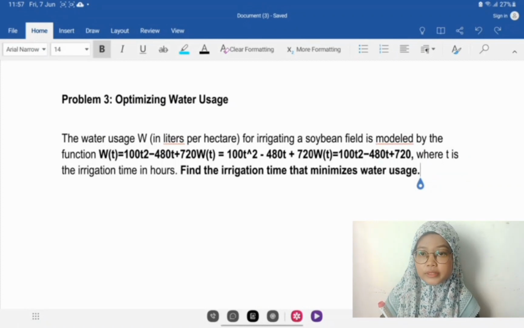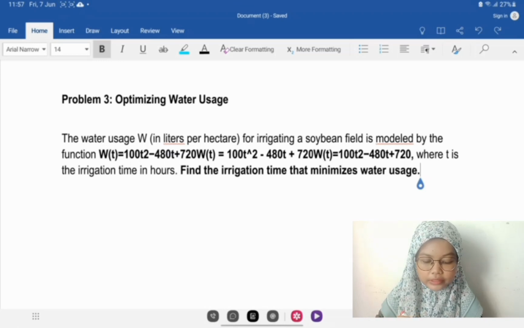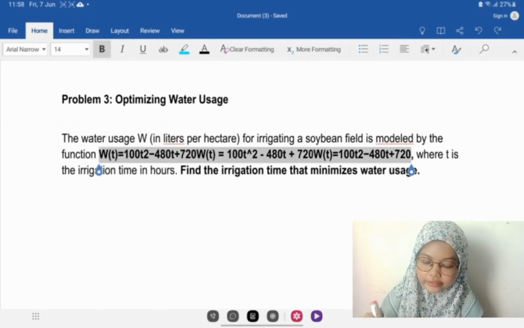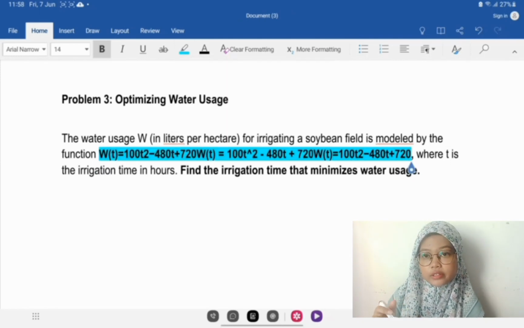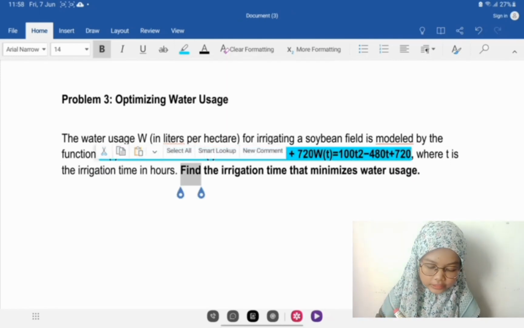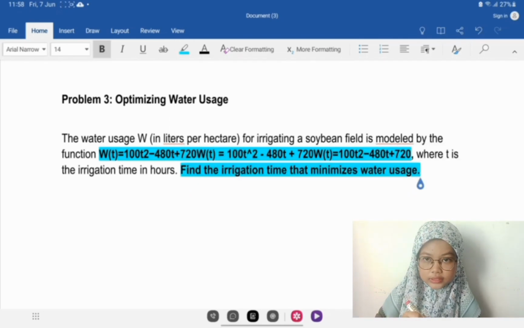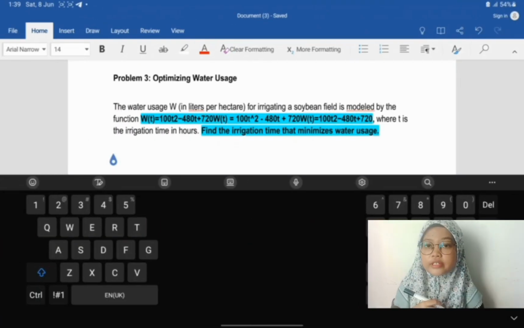So, the problem statement is this. The water used, W, for irrigating soybean is modeled by the function of T, where T is the irrigation time in hours. So the question is, find the irrigation time that minimizes water usage. Okay, the first step is to find the first derivative.